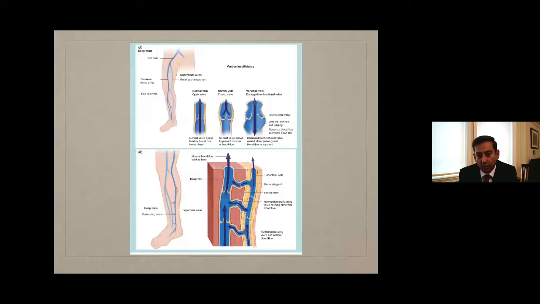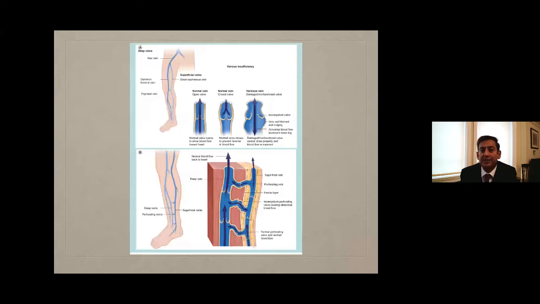When the calf pump stops, rather than the blood refluxing back, the valves, when they're competent, will hold the blood in place. And the image on the right shows you a varicose vein where the valves are not working properly, so you're getting a reflux of blood, and it tends to pool in the veins. And as a consequence, the veins become large and protrude, and they can become palpable.